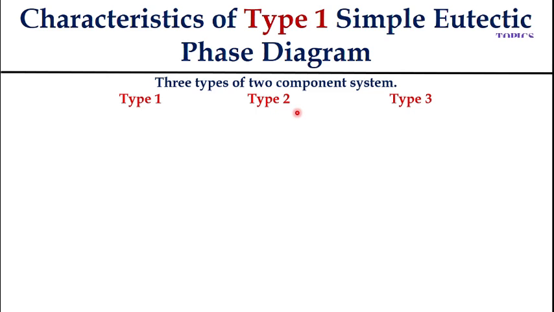This melting point is called congruent melting point. That means the new compound is stable up to its melting point.